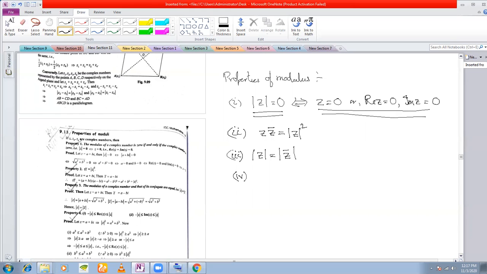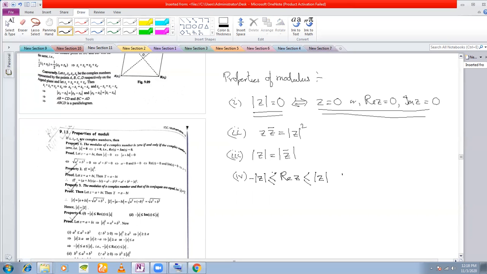Number 4 is that the real part of a complex number will always lie between the negative of the modulus and the positive of the modulus.